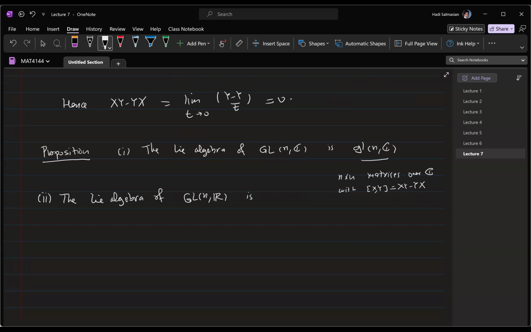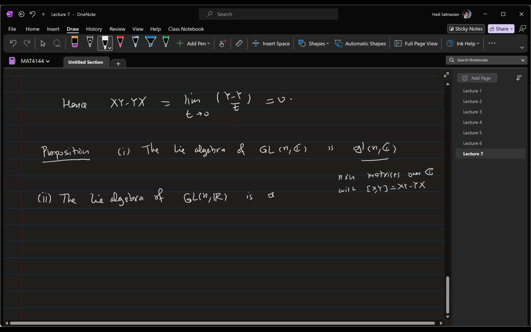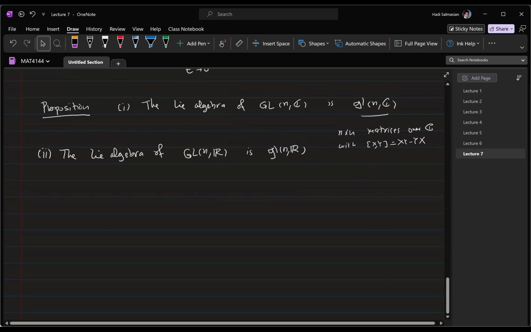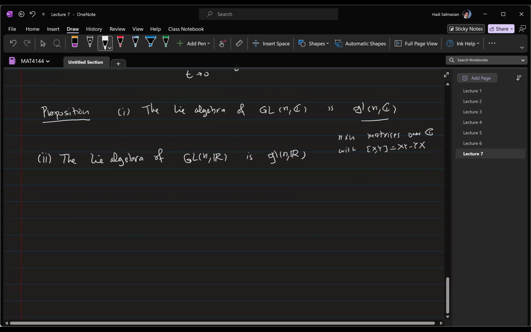Do we need some trace condition really? What do you think? We need the trace condition yet? No, we don't. The only condition will be on the entries. So it will be GLN-R. So why is that so? Maybe I just give the proof, before writing the other parts. So one is clear. And what about two?